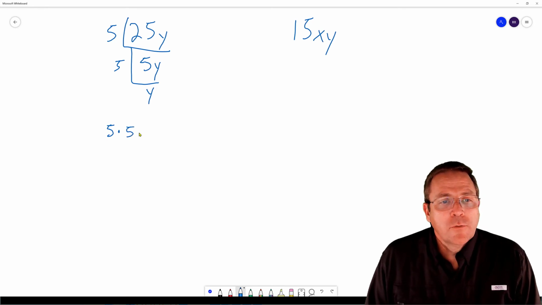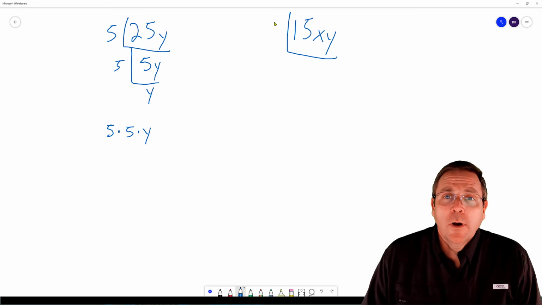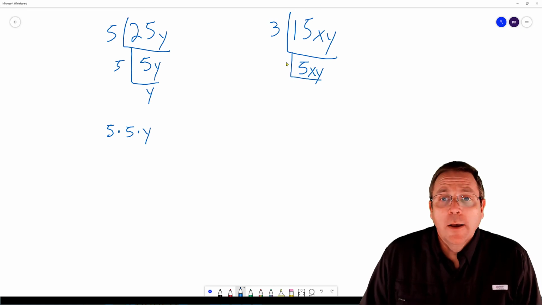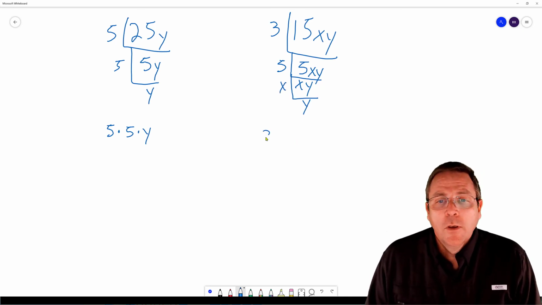So my factors are going to be 5 times 5 times y. For 15xy, 3 goes into 15xy, 5xy times, 5 goes into 5xy, xy times, and x goes into xy, y times. So that becomes 3 times 5 times x times y.